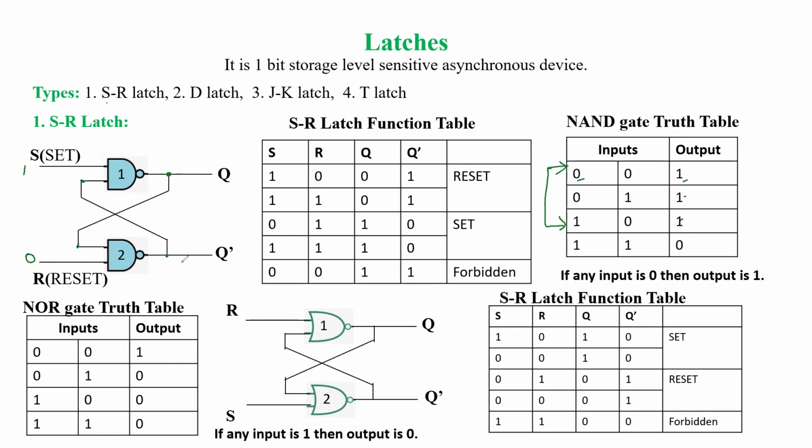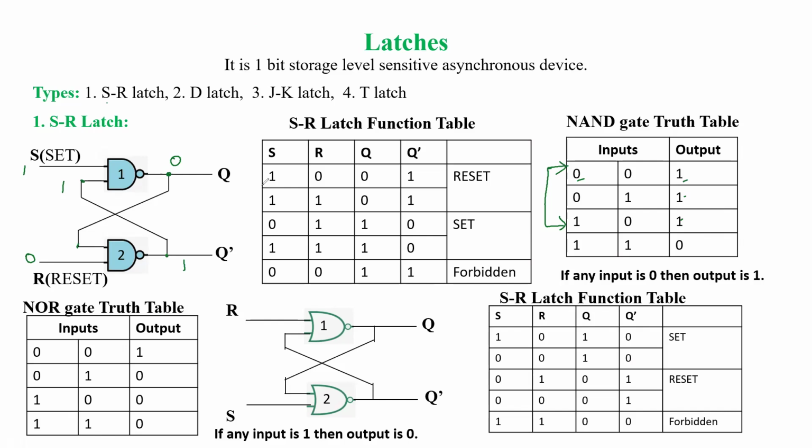So we are sure that Q dash is going to be 1. Now Q dash is given back to NAND gate 1, so both inputs become 1 1. That's why the output of NAND gate 1 will be 0. So here we got Q as 0 and Q dash as 1.